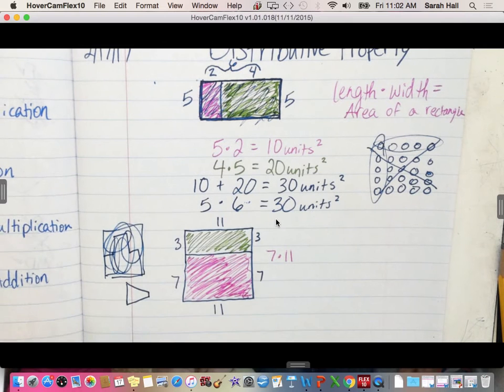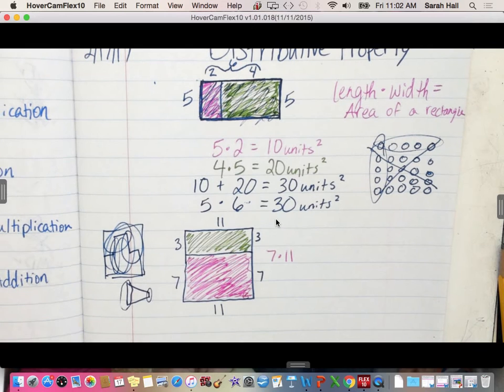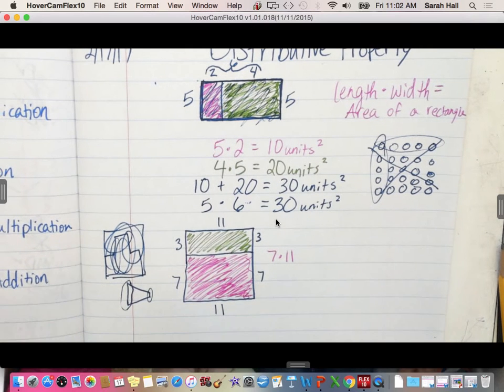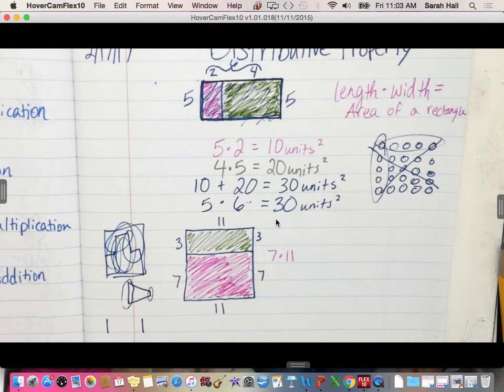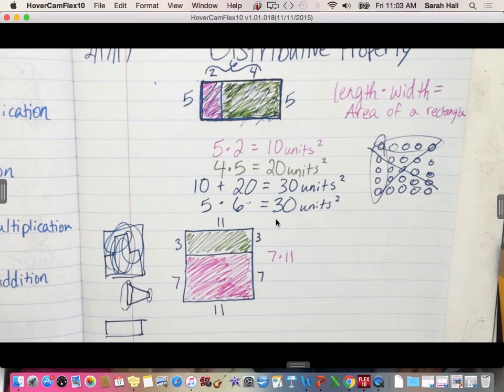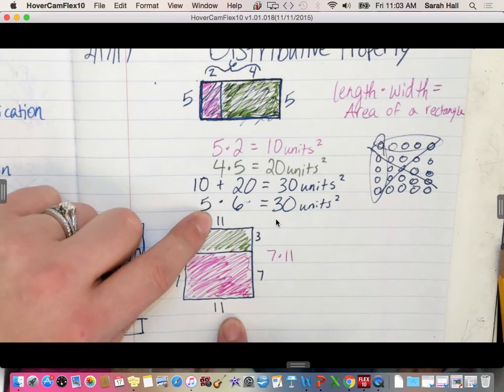No, because these sides are not even lengths. Okay, so one of the rules of a rectangle is that it has to have even lengths on opposite sides. So this side and this side have to be even, and then this side and this side have to be even for it to be a rectangle. Okay, so if it's 11 here, I know the other side is also 11.